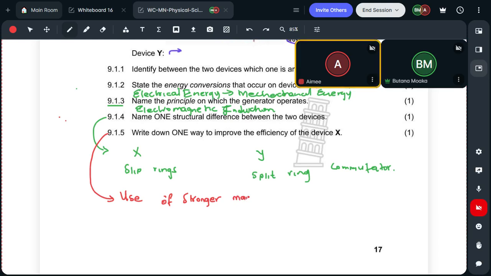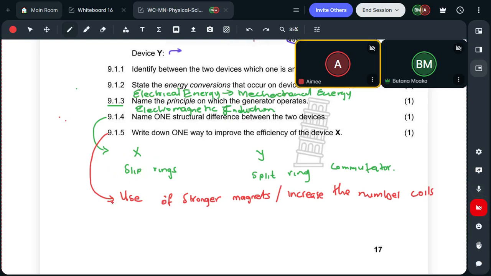I don't think so. Okay, we need to use stronger magnets, or we can definitely increase the number of coils. Tomorrow I'll do a practical with you so that I can show you how this works, how this rotates.